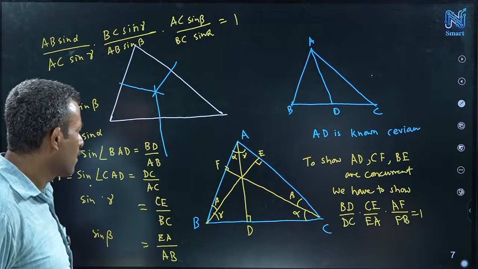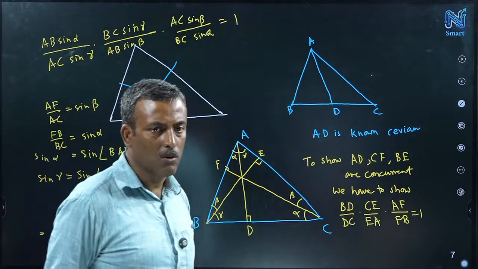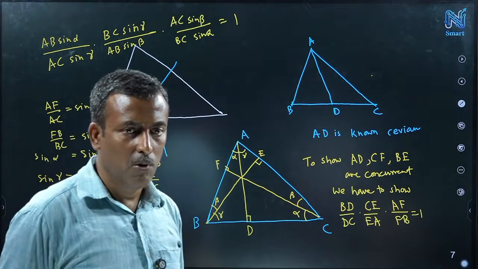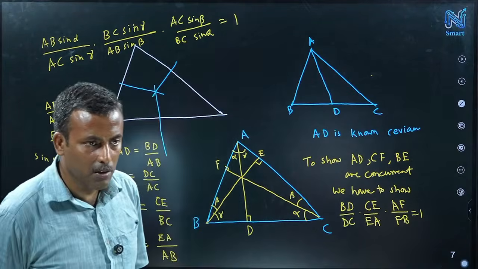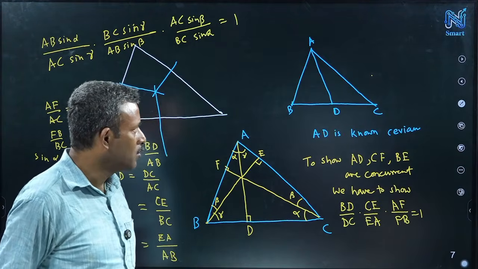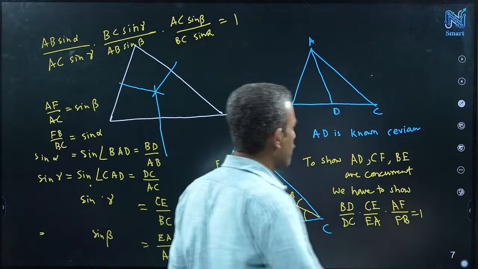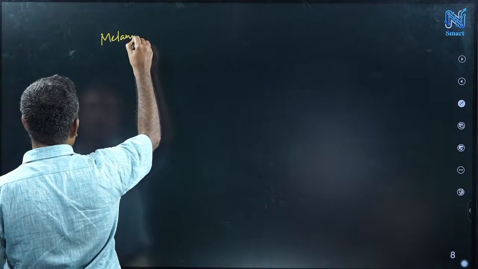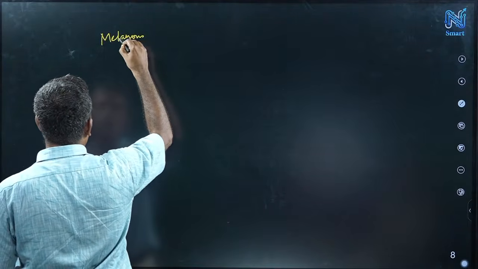Here, where Ceva is about concurrency, this is about collinearity. Concurrency and collinearity are very important concepts in geometry. Should I go to the next slide? Okay, now the Menelaus theorem.